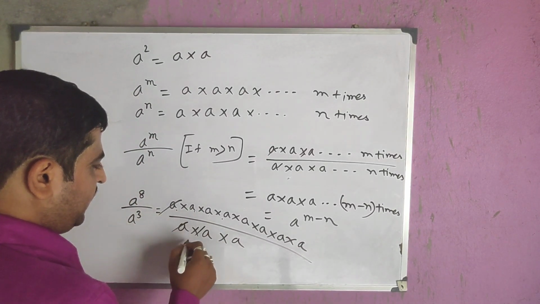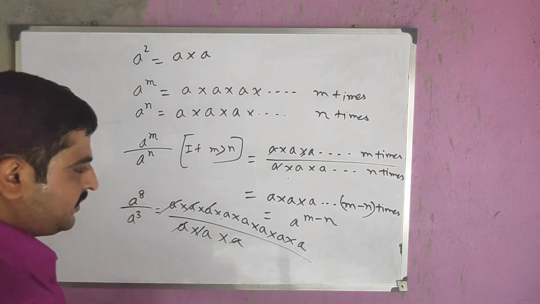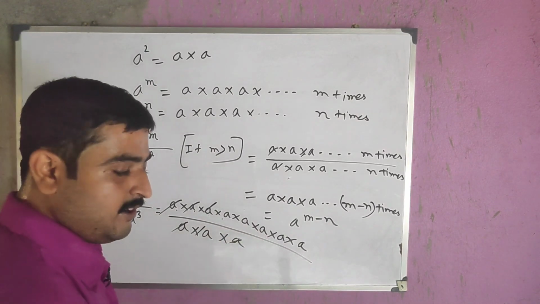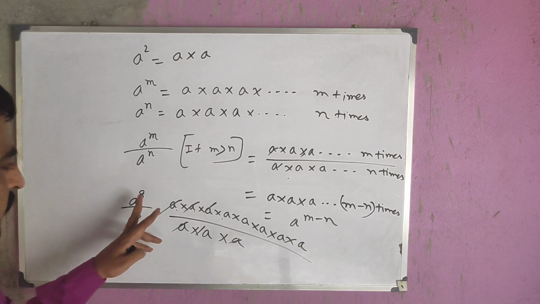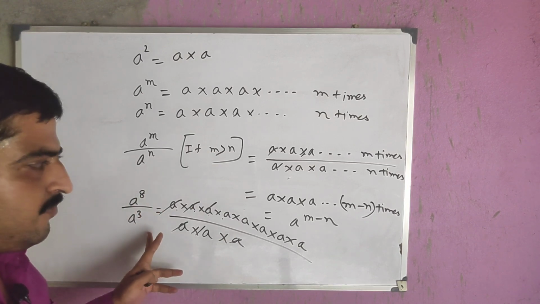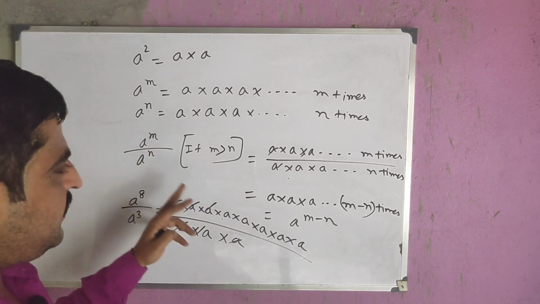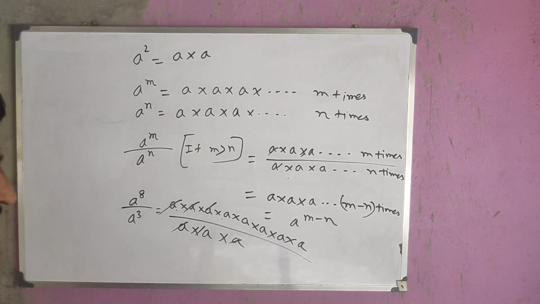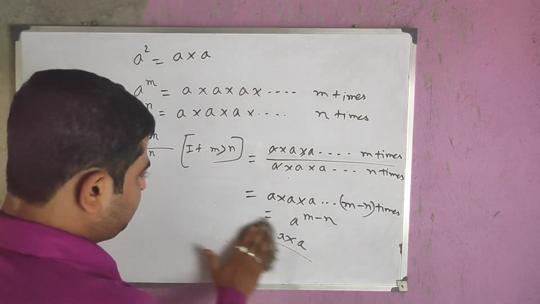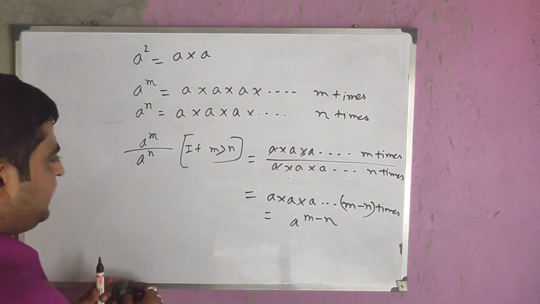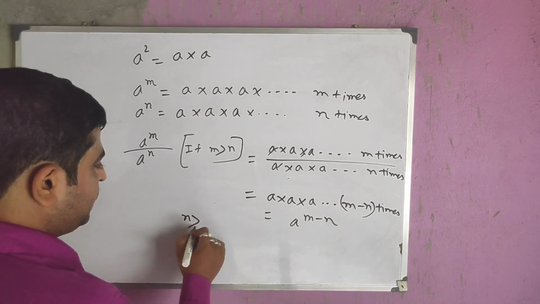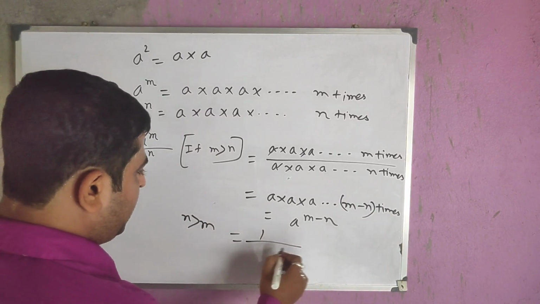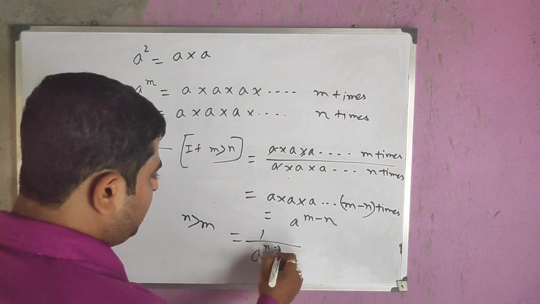So a will cancel. How many a will remain? Now 5 a. So we can say 8 minus 3 times. So in the case of division, the powers are subtracted. And if n is greater than m, then you can write 1 by a to the power n minus m.